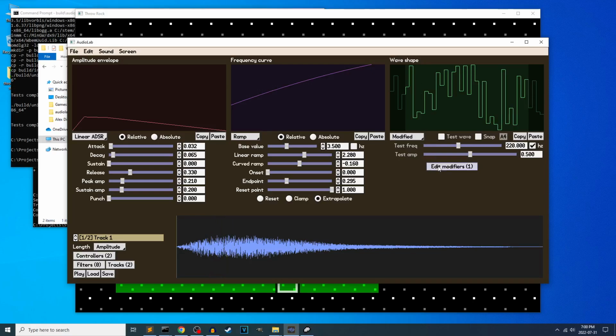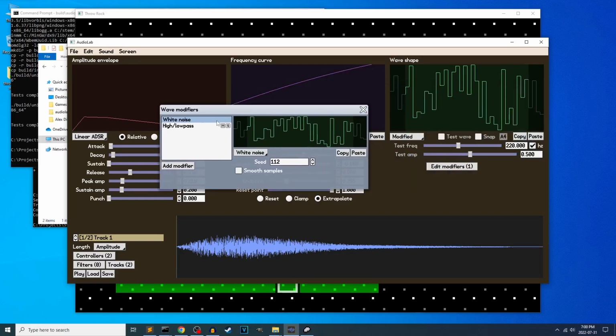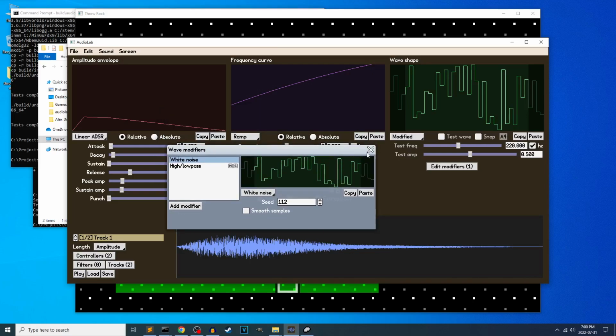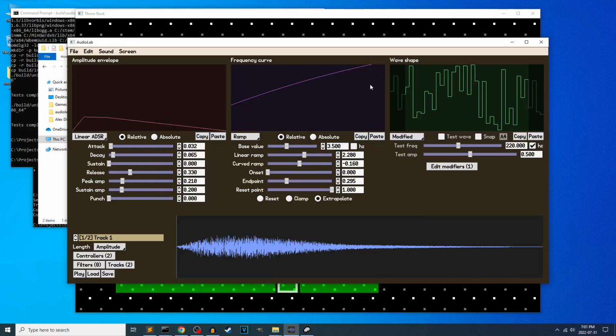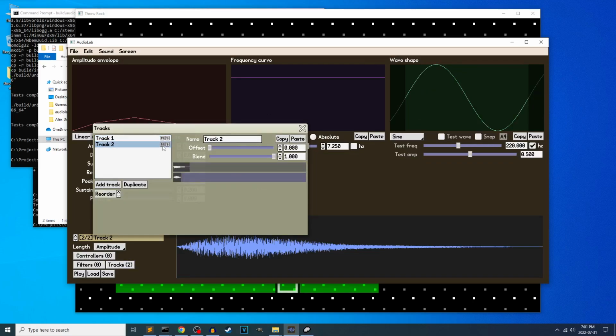So there's a fairly high frequency rising white noise happening here. Yes, there are two tracks here. There's the white noise going up, and then the sine wave at a very high frequency.